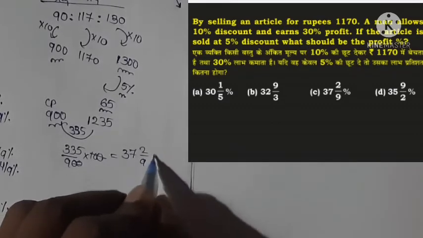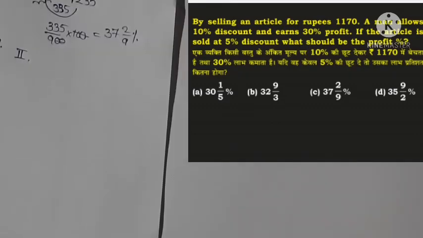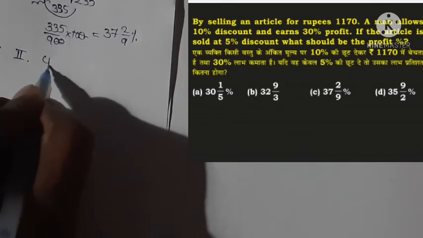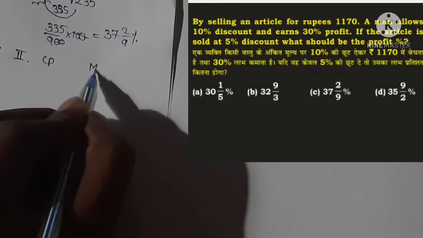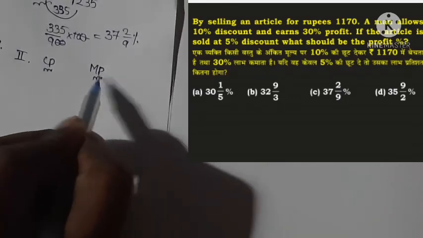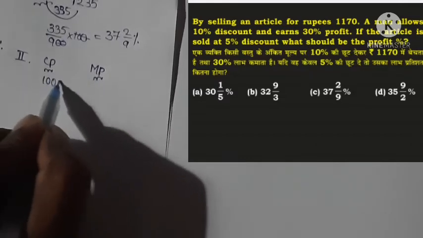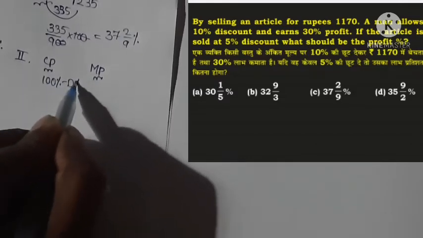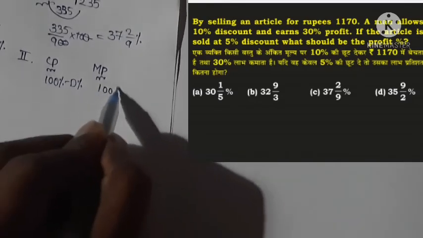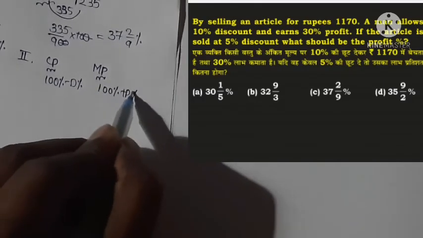37 2 by 9%. The man allows 10% discount and earns a profit of 30%. Here the cost price and market price: cost price is 100% minus discount percentage, and the market price is 100% plus profit percentage.